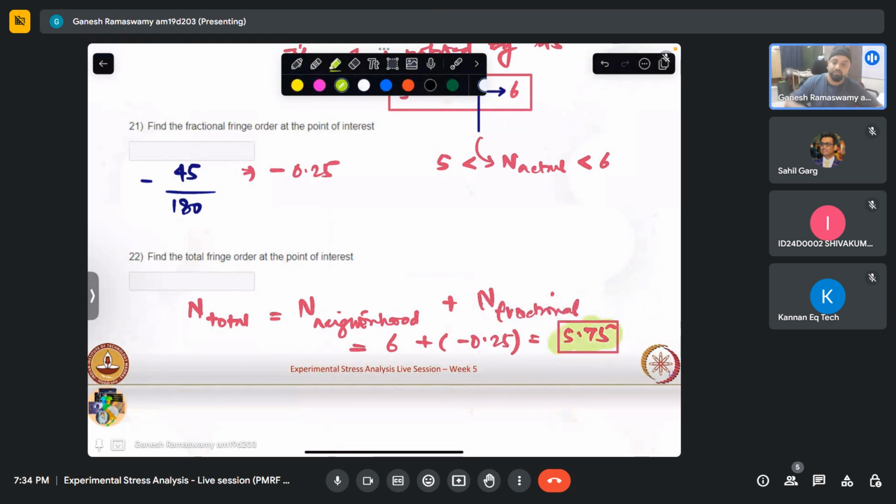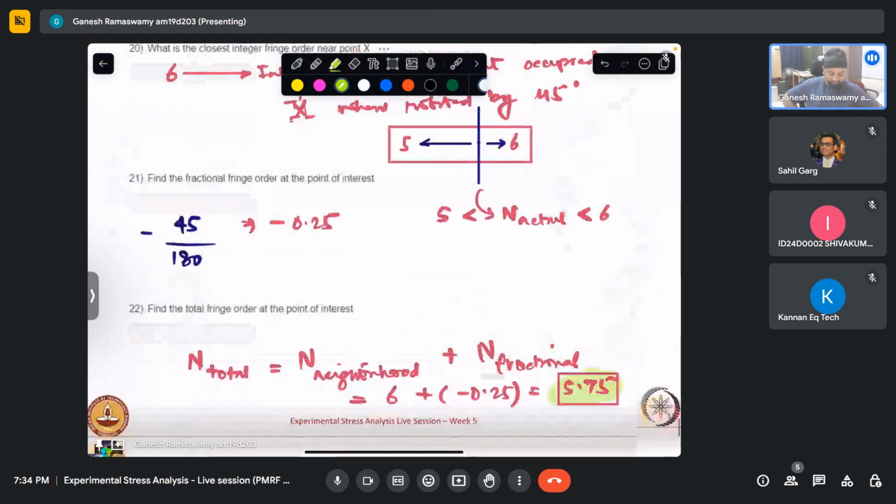So that is the fringe order at that point. Based on Tardy's method of compensation, we have found that. So I hope this is clear.